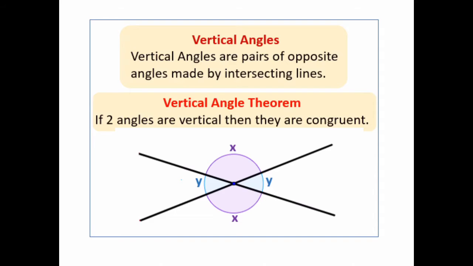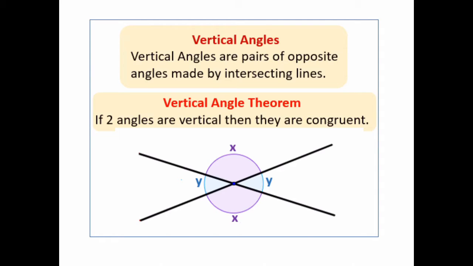Our first theorem is the vertical angles theorem. And basically what it says is that vertical angles are congruent. So remember that vertical angles are not adjacent. They do, however, share a vertex. So in this particular image right here, the purple X's are vertical and the blue Y's are vertical.